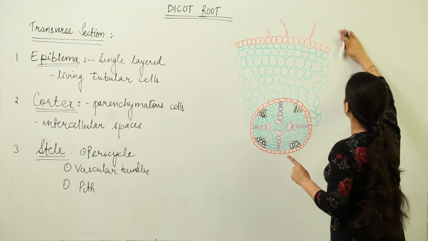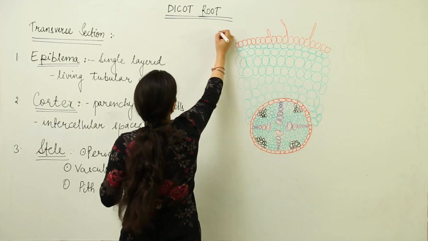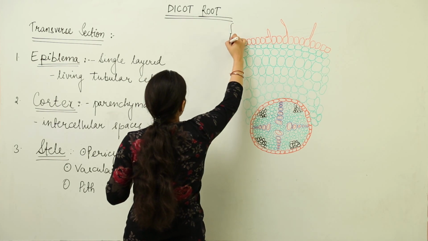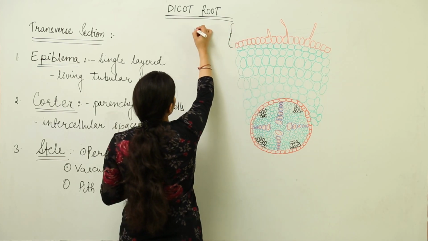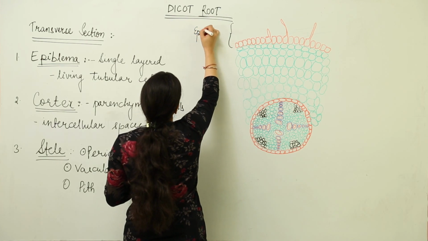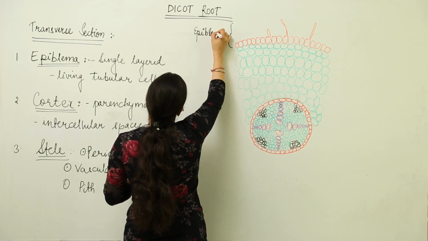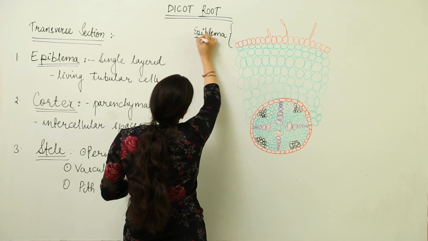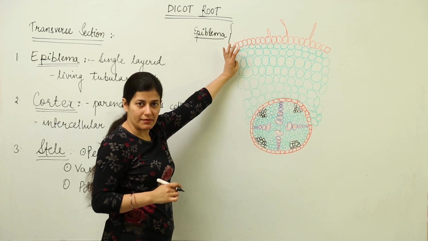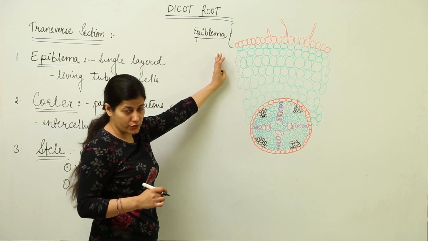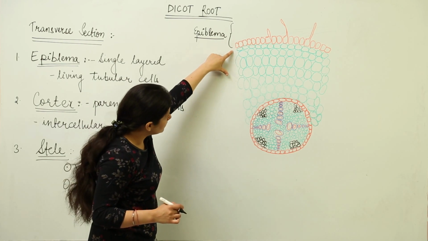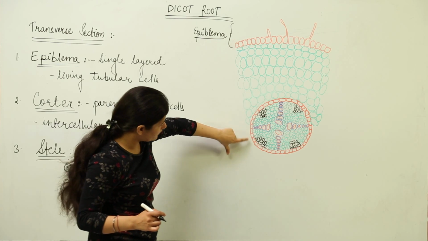I would write the parts over here so that it is clear. This part, where we have little protrusions, the red part, the tubular cells, that is epiblema, or as we had discussed, the word epidermis. Now the second part of the dicot root would be from here till this red layer that you can see.